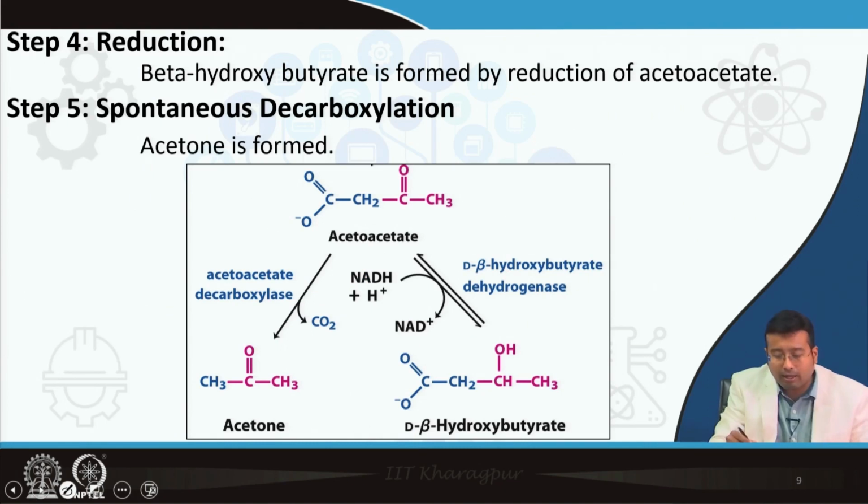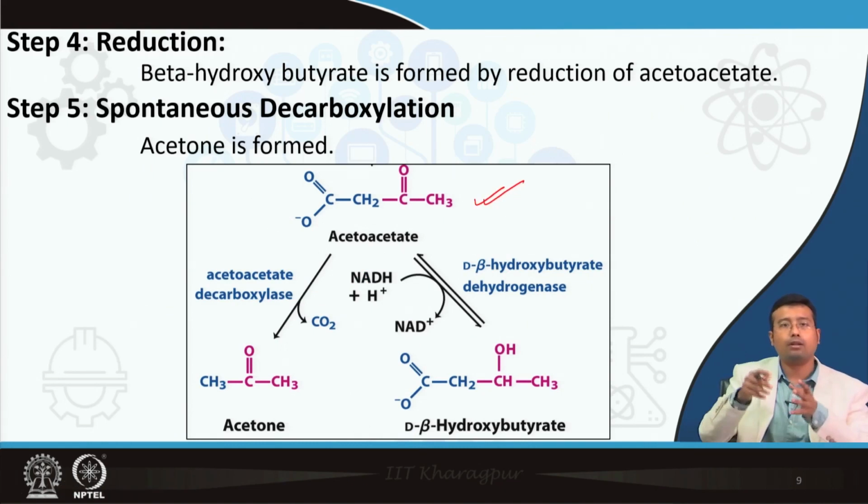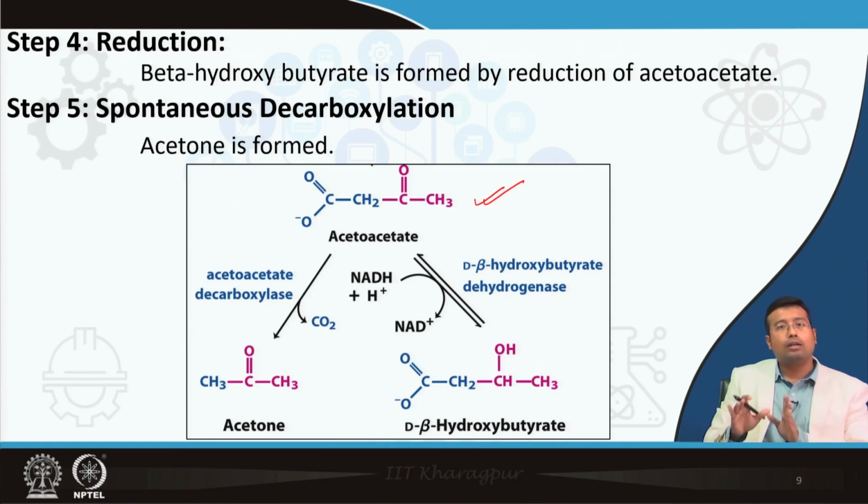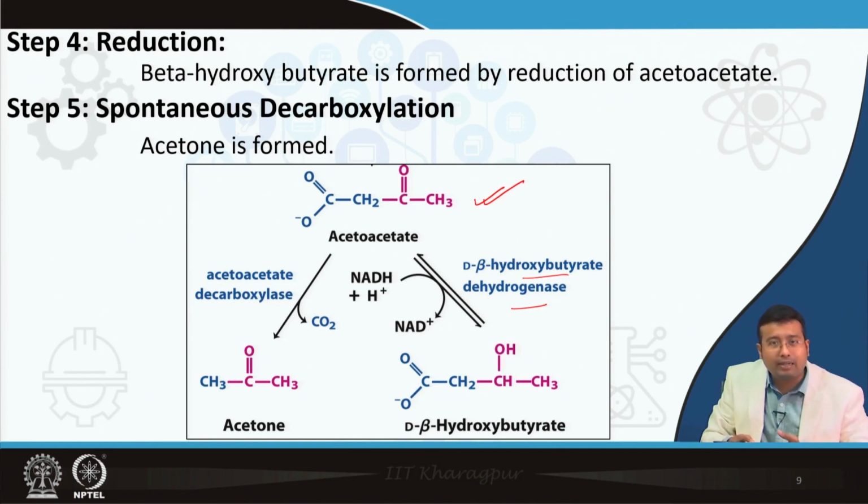From this acetoacetate, two secondary ketone bodies are formed. One is via reduction, okay, by the enzyme beta hydroxybutyrate dehydrogenase. This is the enzyme that is forming beta hydroxybutyrate, and this reaction is actually reversible.